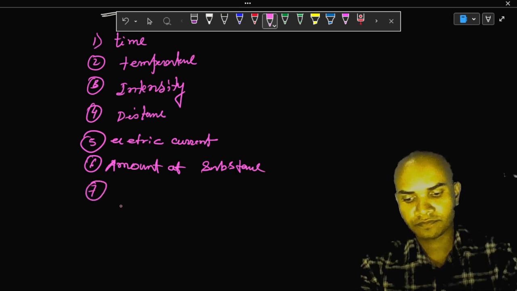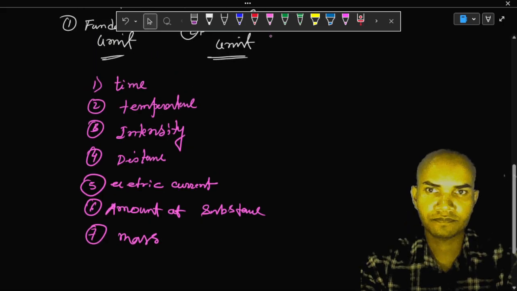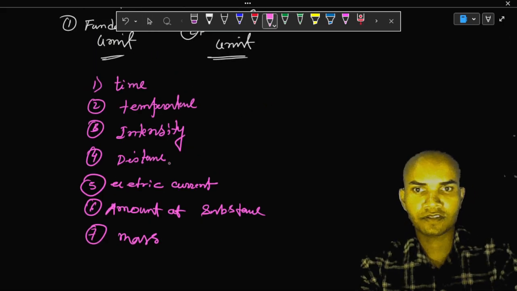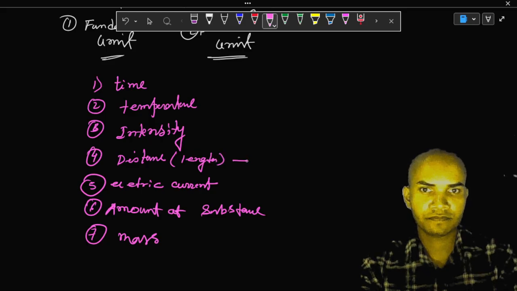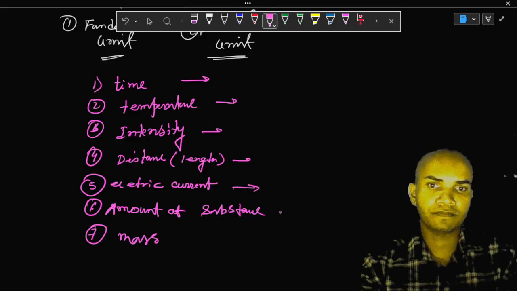Distance is sometimes called length. So these are the fundamental quantities.